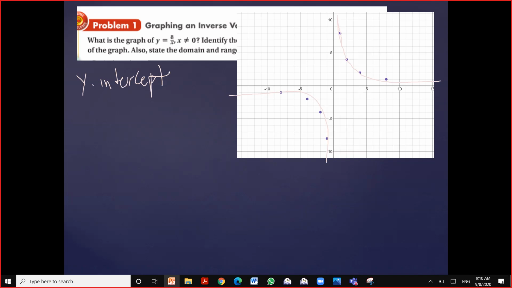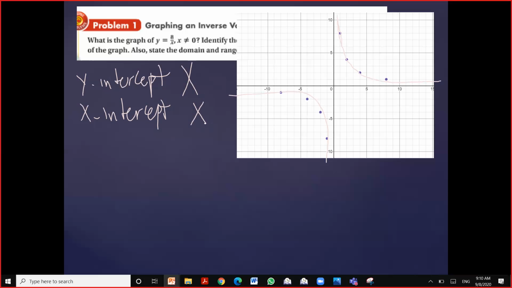No, so I will say there is no y-intercept. Now what about the x-intercept? I will ask myself, does my graph touch the x-axis? No, so there is no x-intercept.